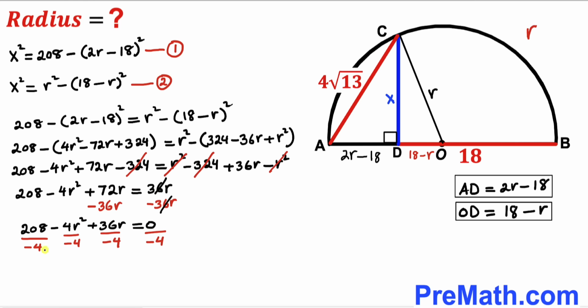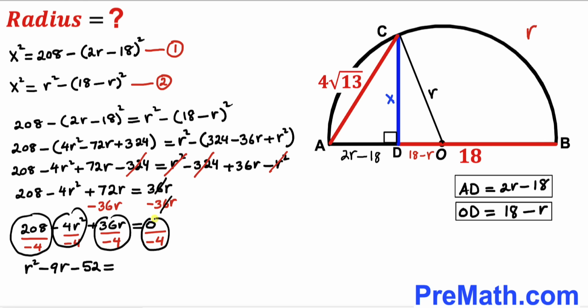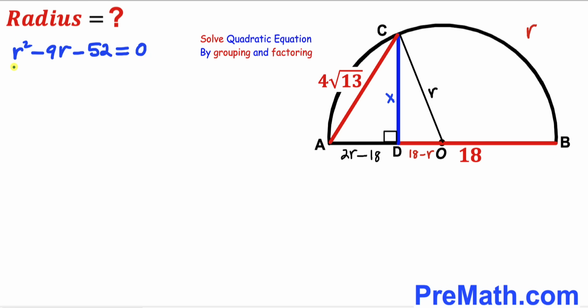So therefore we can write in descending order: r square minus 9 times r minus 52 equals 0, since 0 divided by negative 4 is going to give us 0. So thus we end up with this quadratic equation r square minus 9r minus 52 equal to 0.